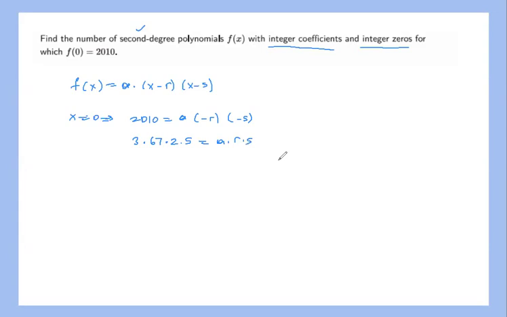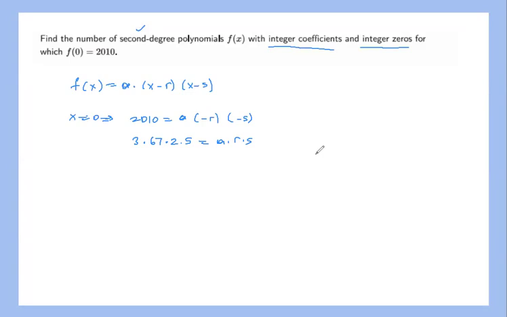Okay, so now we have three numbers, a, r, and s, and they are all integers, and we need to know the number of ways to assign these prime numbers to these. We can just have 1, 1, and this could be 2010, and for other variations, I can have 3, 2, and the remaining product. We just want to know how many ways we can achieve this, right?